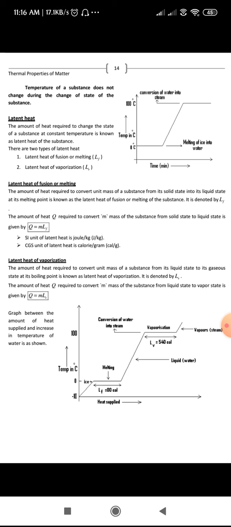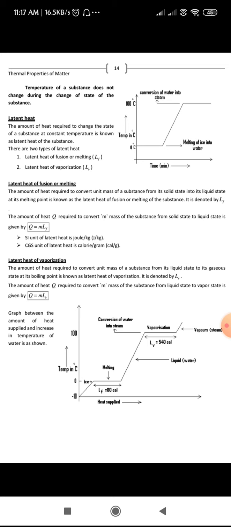The SI unit of latent heat is joule per kg. In the CGS system, you express the latent heat as calorie per gram. So this is regarding the latent heat of fusion or melting.